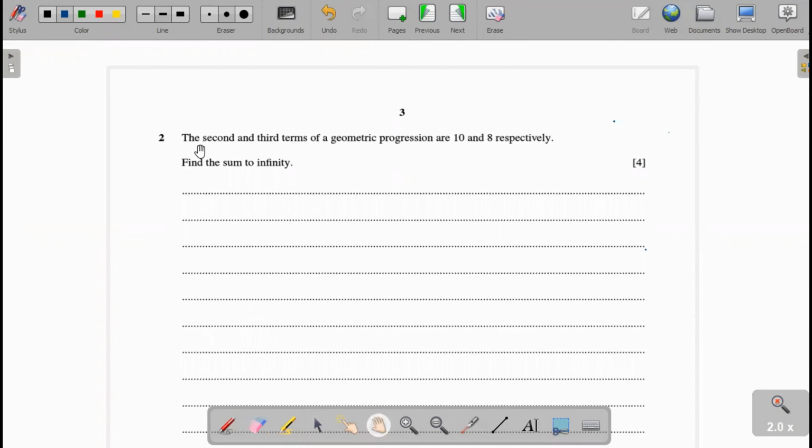Question number 2. The second and third terms of a geometric progression are 10 and 8 respectively. Find the sum to infinity. We suppose that a, ar, ar^2 is the geometric progression. Here the second term is ar, which is equal to 10, and the third term ar^2 is equal to 8.